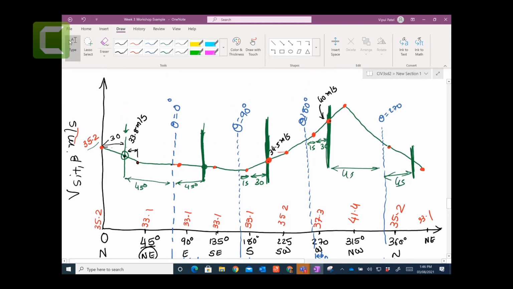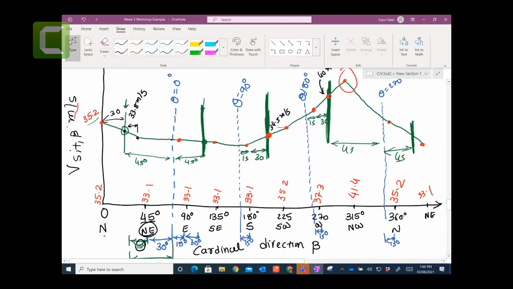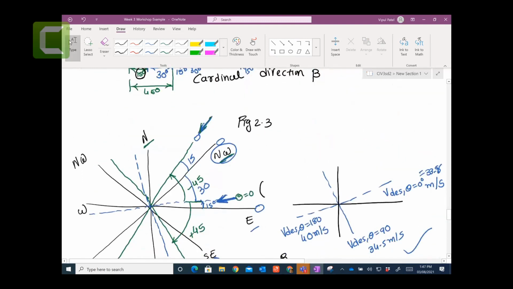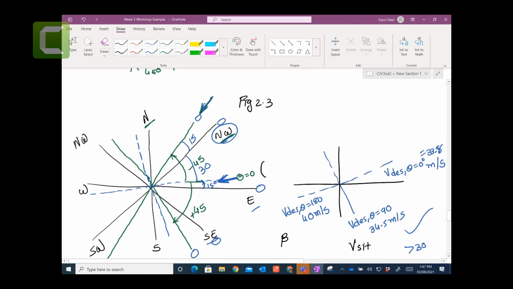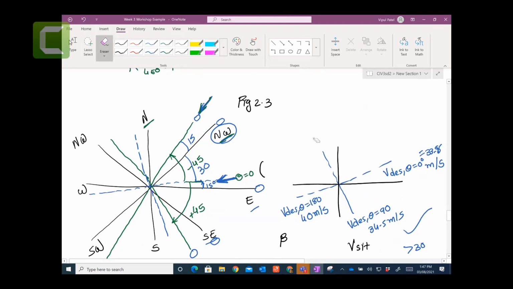In between, nice view here, that is your maximum peak, and that maximum peak is 41.4. So it's easy now because we no need to calculate it. We design theta equal to 270, you have 41.4 meter per second.